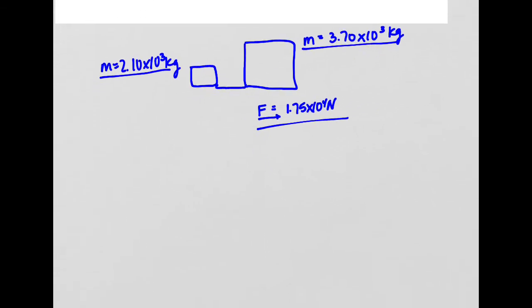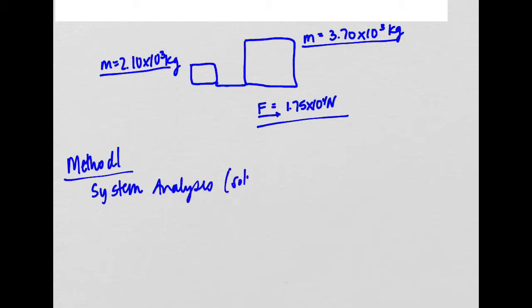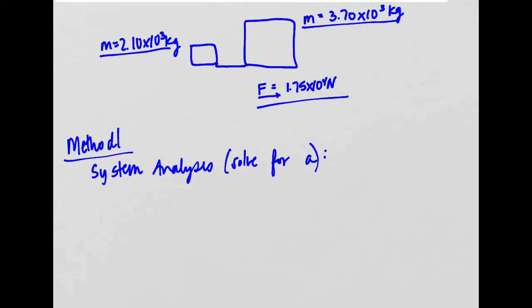Okay, so first step, we're going to use method 1, like I said. And the first step of method 1, remember, is the system analysis, and we'll use this to solve for acceleration. Okay, so first we're going to draw this above as one single free body diagram.